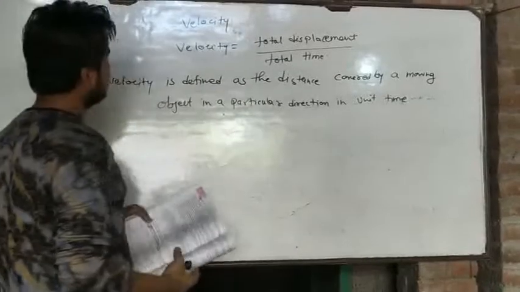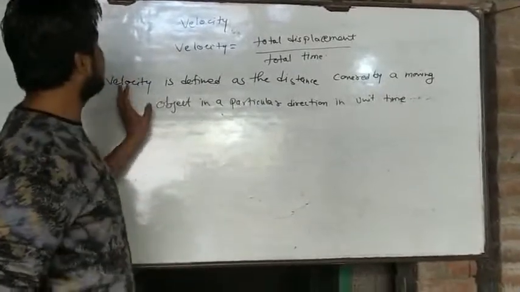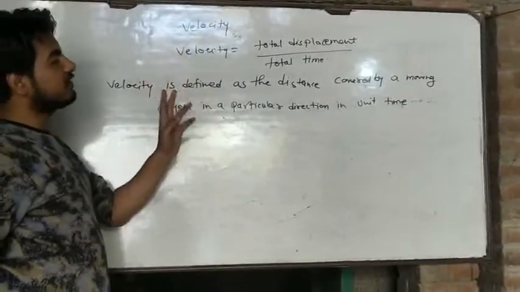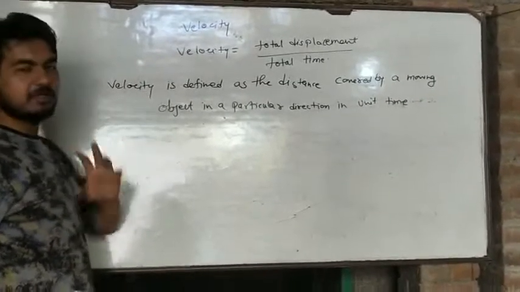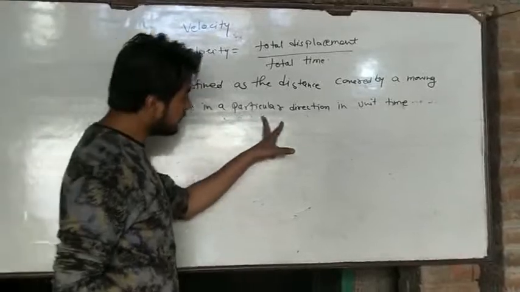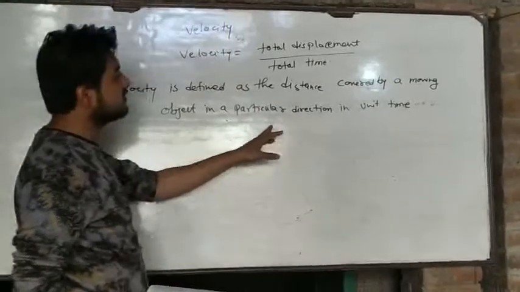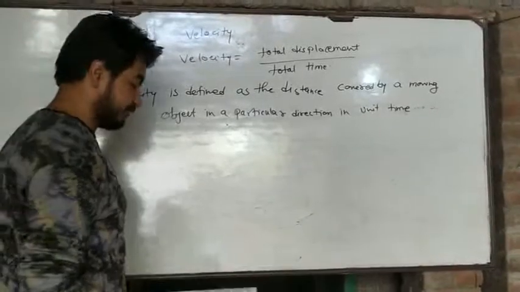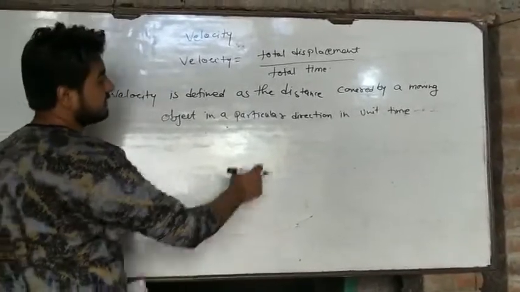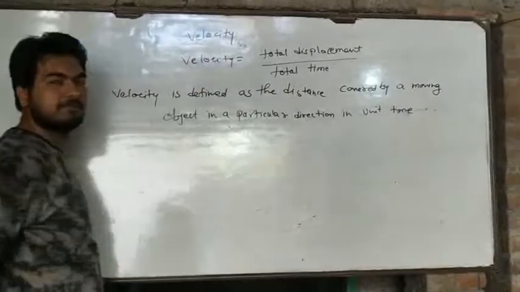In the previous definition, speed is defined as the distance covered by a moving object in unit time, and here it is in a particular direction. So this is the difference between velocity and speed. It requires direction as well as magnitude.